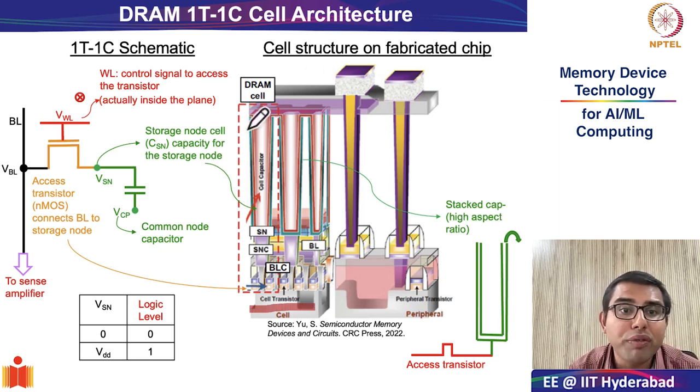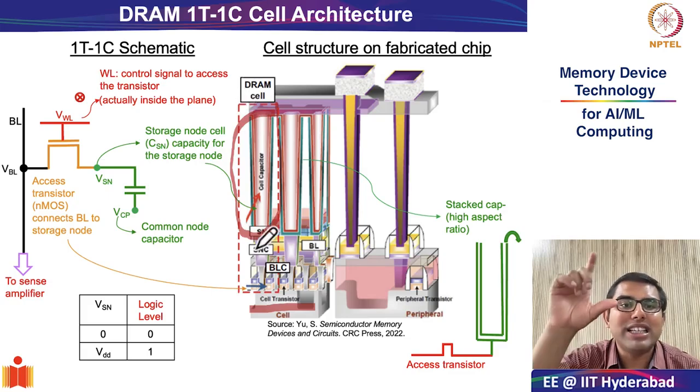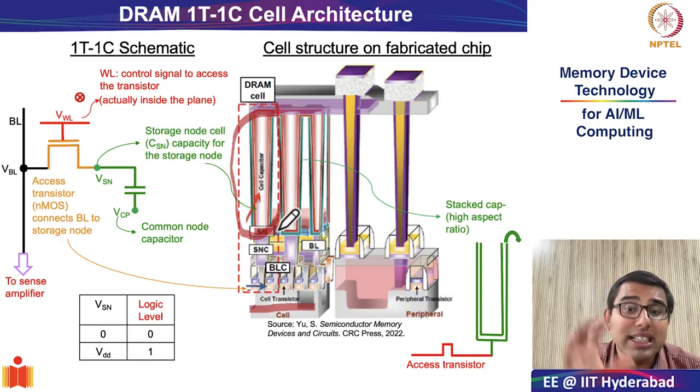The rest of the cell consists of the cell capacitor. You see this huge cell capacitor of a very large aspect ratio. By aspect ratio, I mean that the length of the cell capacitor is much larger compared to its width dimensions. As I said, we will discuss in more detail why you need to fabricate it in this manner.